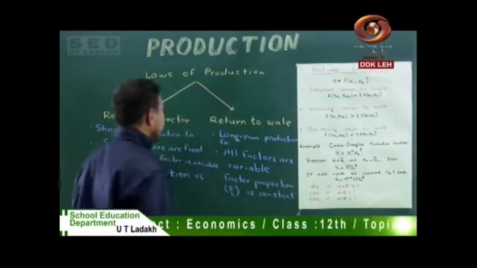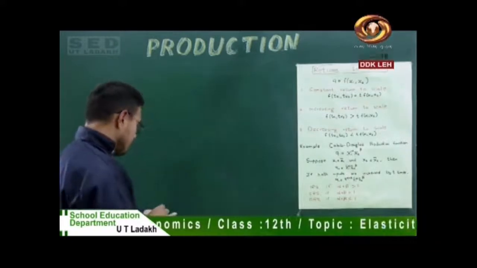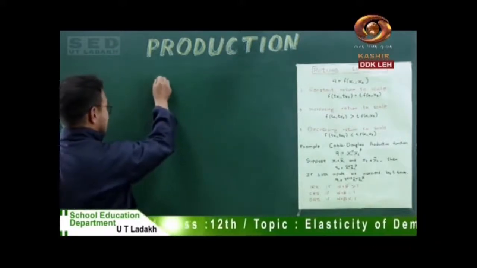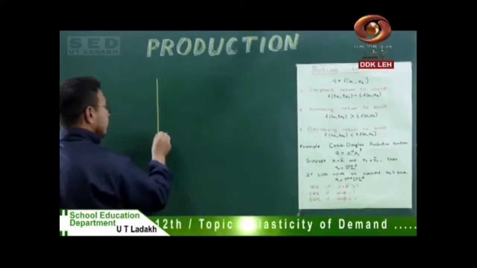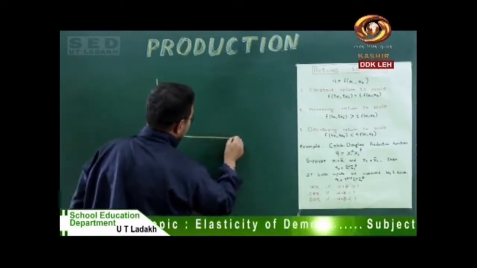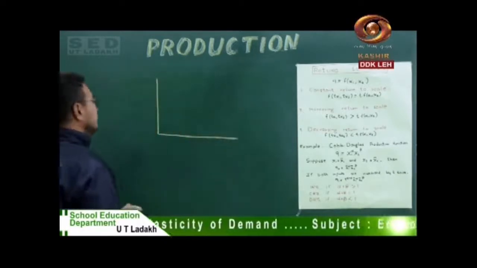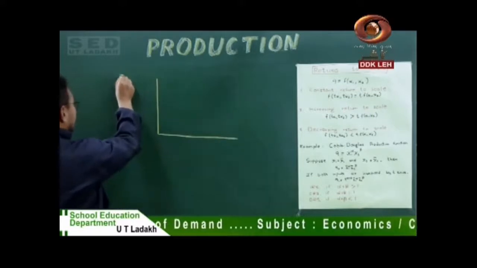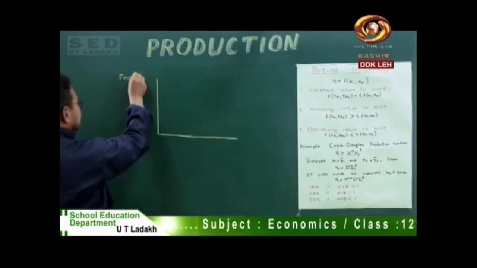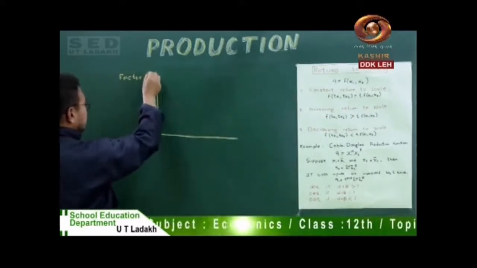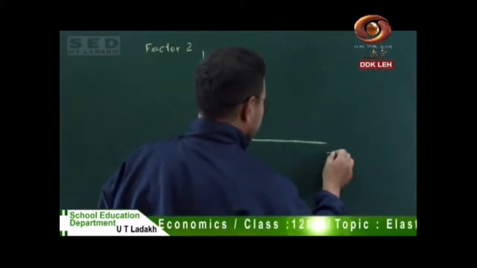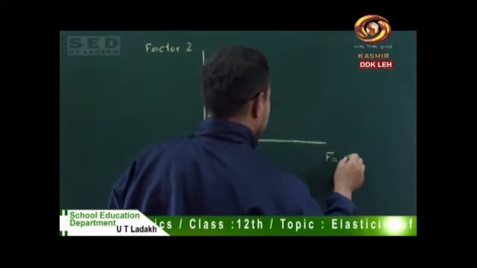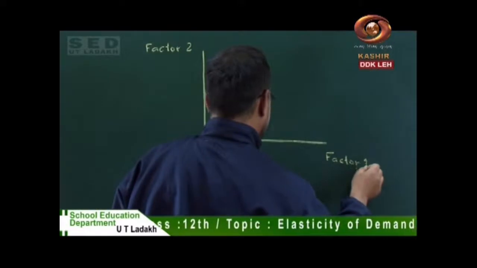To understand it graphically, we can use the help of isoquants in much more detail. On the vertical axis you have factor 2 and here you have factor 1.